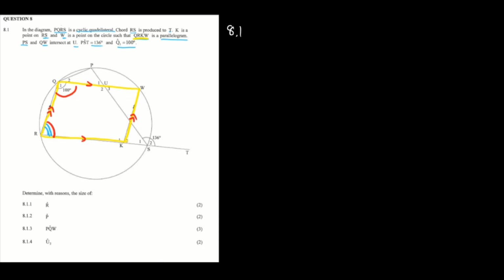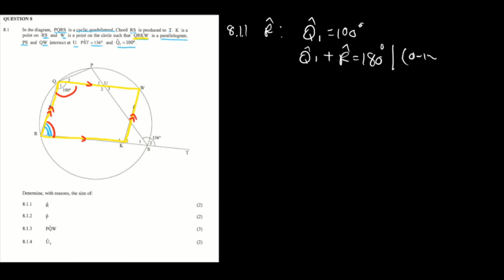So it's 8.1.1. To find angle R, you're going to say angle Q1, which is equal to 100 degrees, so Q1 plus angle R must give us 180 degrees. The reason is co-interior angles, since we know that QW is parallel to RK.